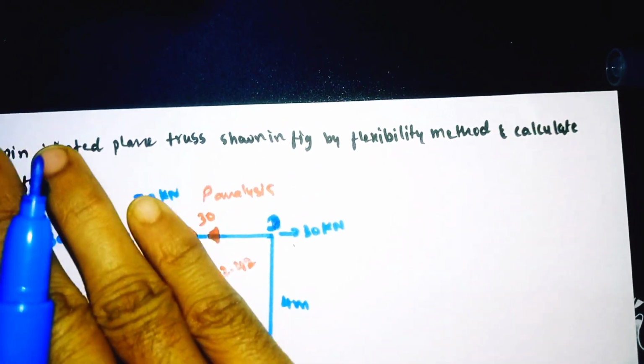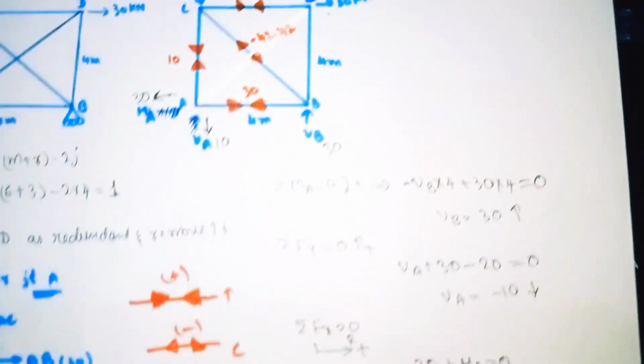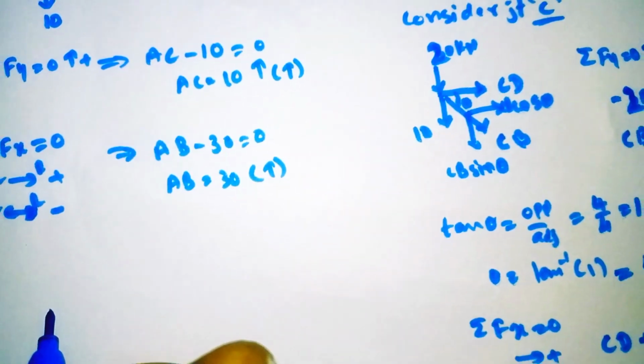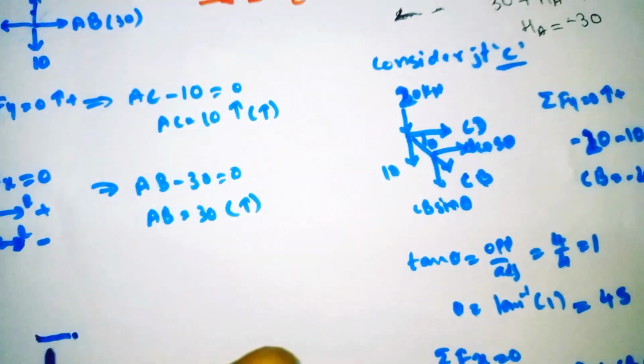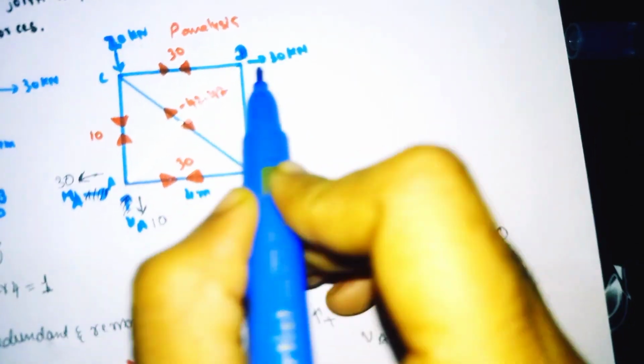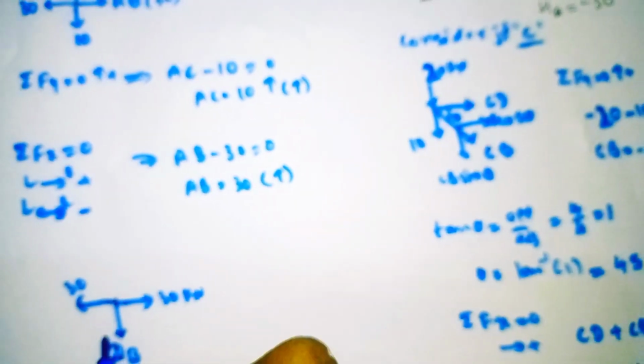We need to see only this portion, so I will redraw the same diagram here. This is point D. Here also 30, obviously opposite of this, will be 30 kilonewton. Only the sign will change. We don't know the value of DB, so we make its sign away from the joint.